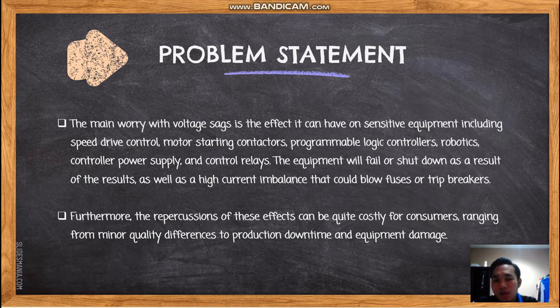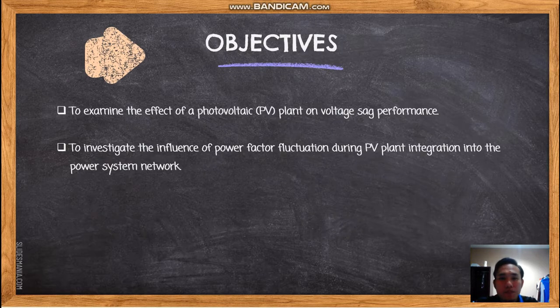As well as high current imbalance that could blow the fuse or trip the breakers. Furthermore, the repercussions of these effects can be quite costly for consumers, ranging from minor quality differences to production downtime and equipment damage.